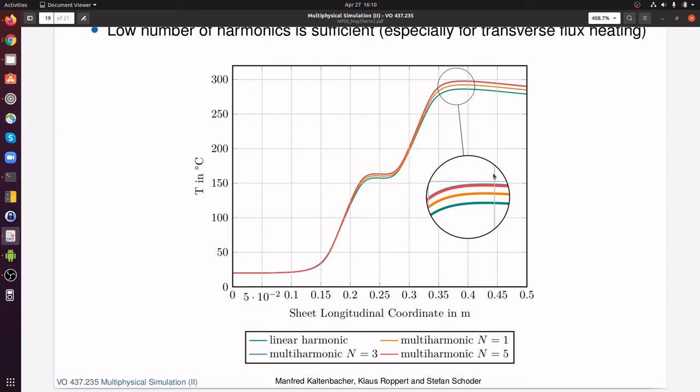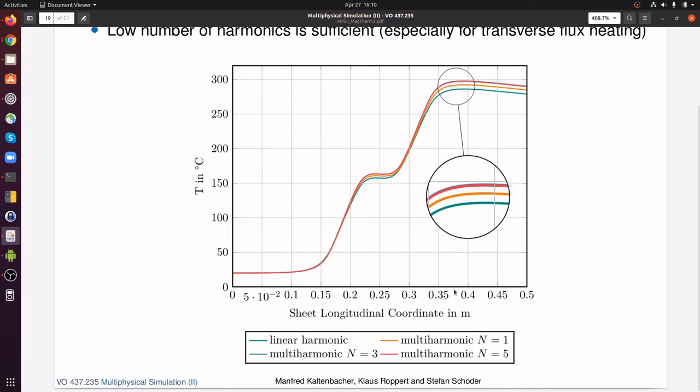So this is actually the critical parameter in practical application. If we stick to the theoretical point of view, then we do see some deviations for a higher number of considered harmonics.